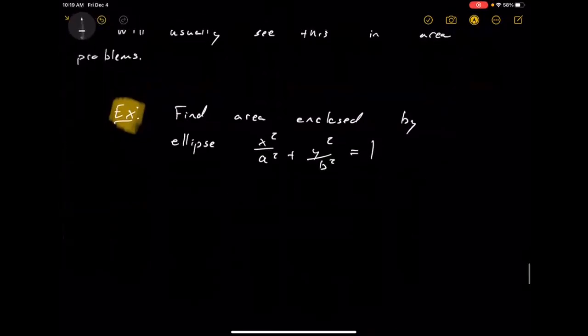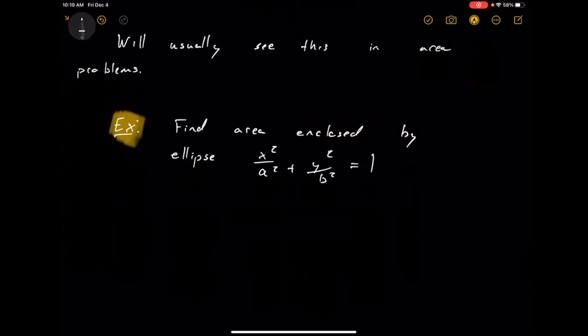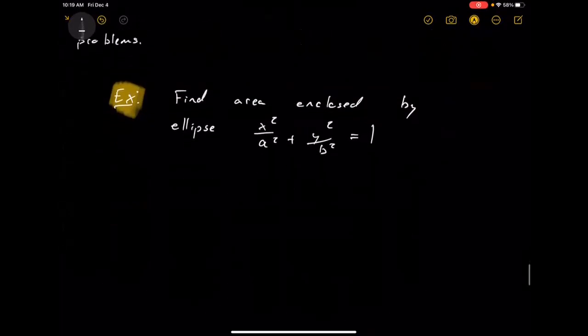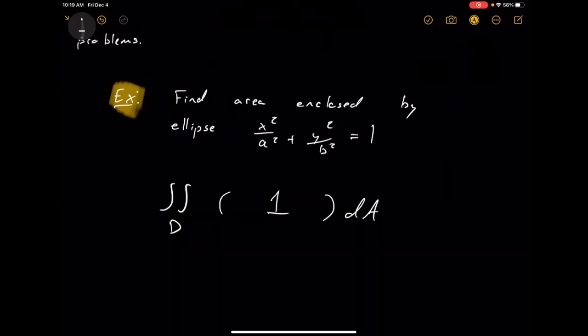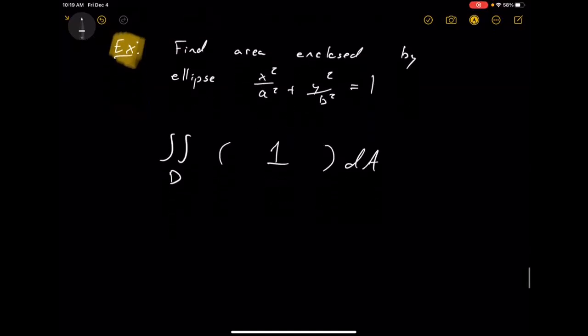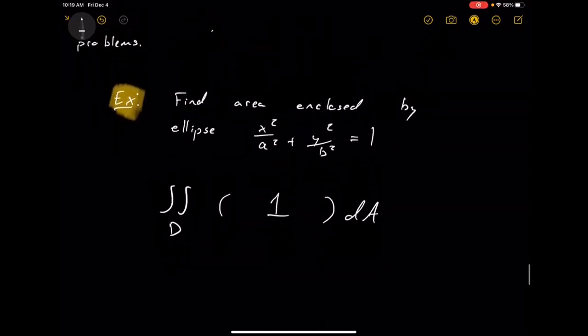All right, so I want to find the area enclosed by this ellipse. Let's leave it as D right now. So what am I integrating? I'm integrating on some region, the region enclosed by the ellipse. What am I integrating? When I'm looking for area, I just integrate the number 1, right? Now this could be a difficult double integral. Finding the bounds of this region could be weird.